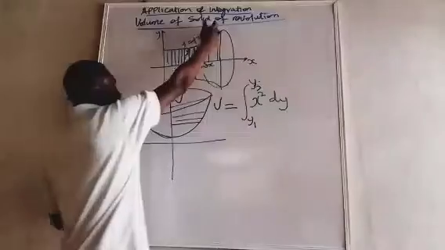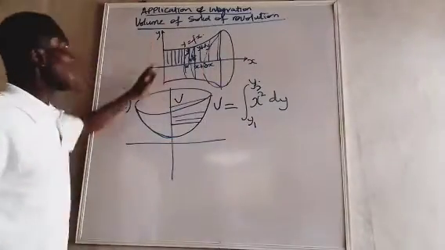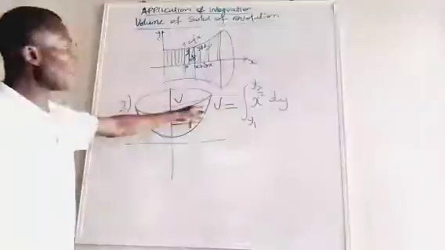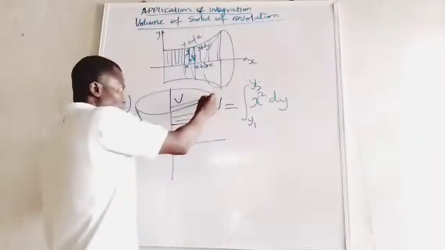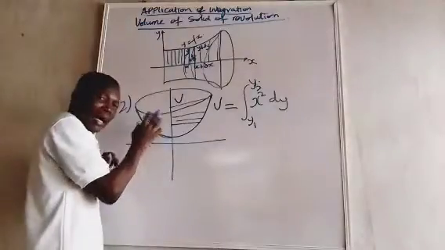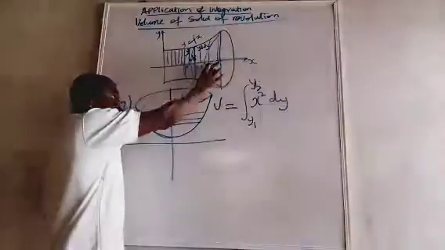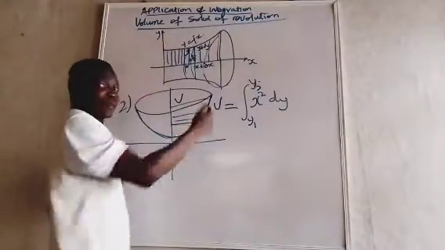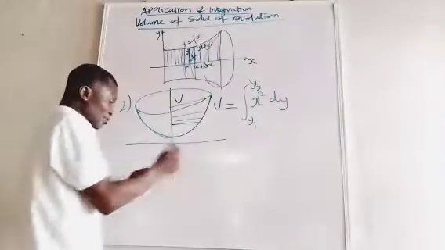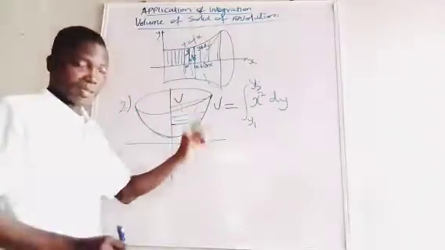This shape can be rotated around the y axis, and they will ask you about the volume generated by the curve and the y axis. We have done one here, between the curve, where it is rotated around the x axis. Please take note of that. So we have two expressions now.